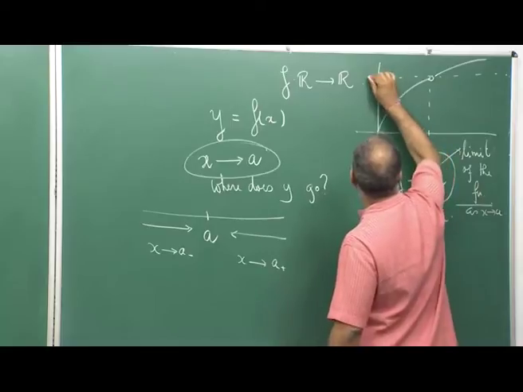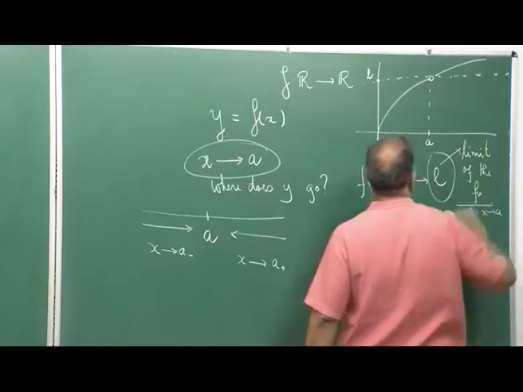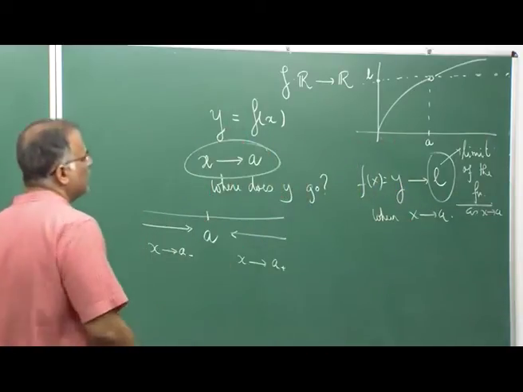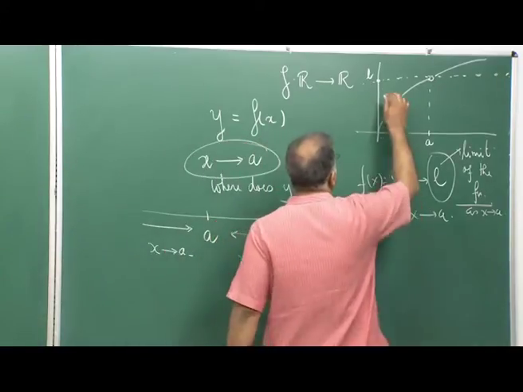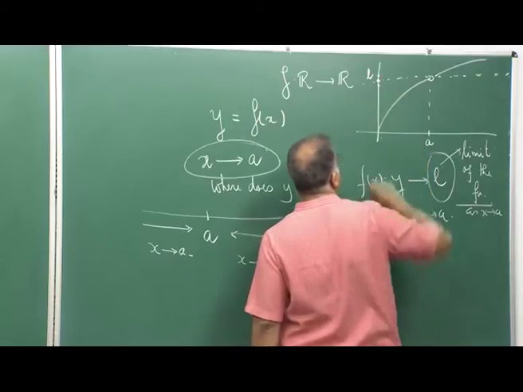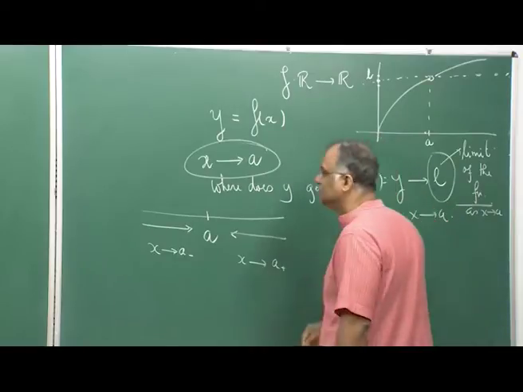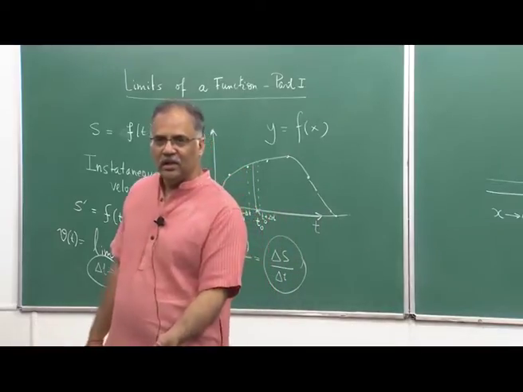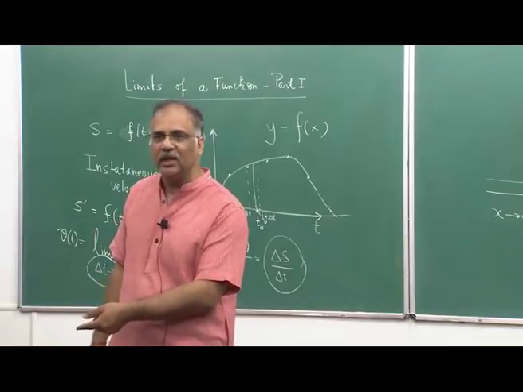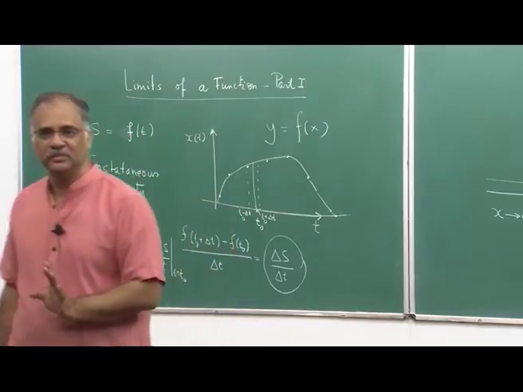Those who know some calculus might understand what I am trying to do. Suppose this is the L that you say it approaches. Whenever I find an x such that f(x) is very near L, either this side or that side, I should be able to tell you a corresponding x near a. If f(x) is near L, you have to show that x is also near a. Only then does it mean that f(x) is going to L when x is going to a.